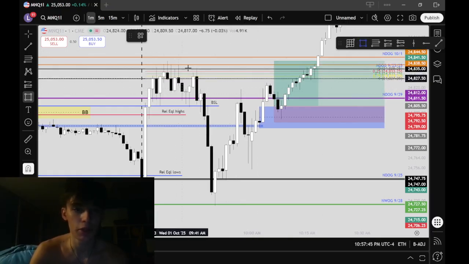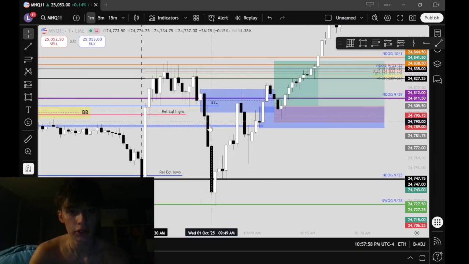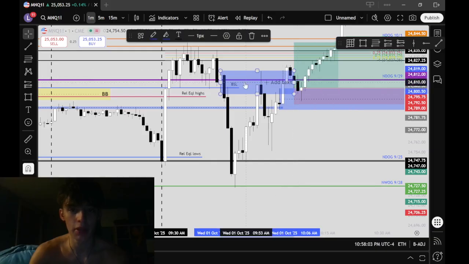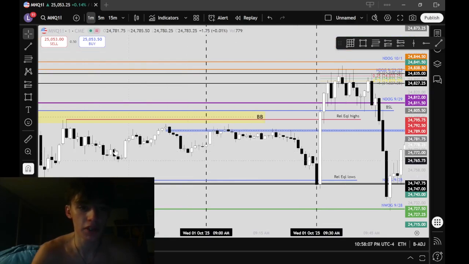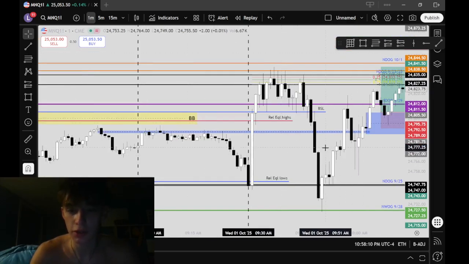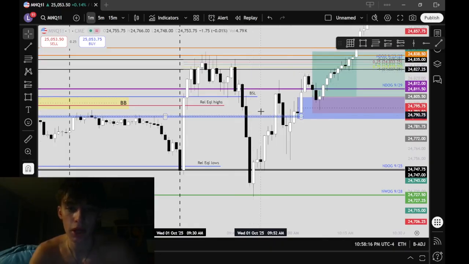Since price changed state of delivery right here, I could have retraced back into this order block right here, and then price comes up into here, boom, down, and I could have targeted that new week opening gap, but I didn't. Also, this is buy side liquidity right here too. It swept this. This is what I was gonna use for my setup here, but I wasn't able to catch it.